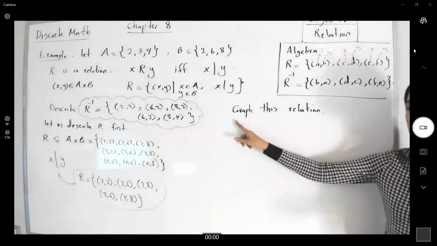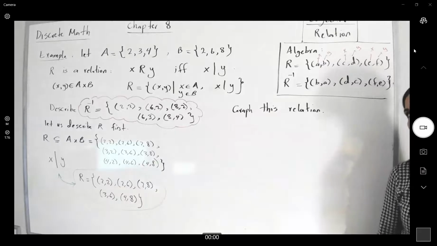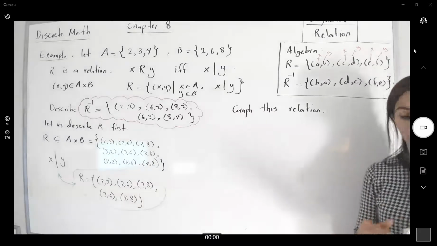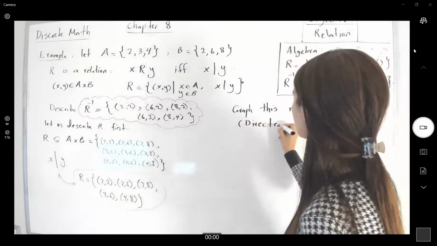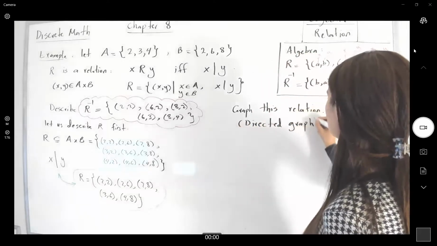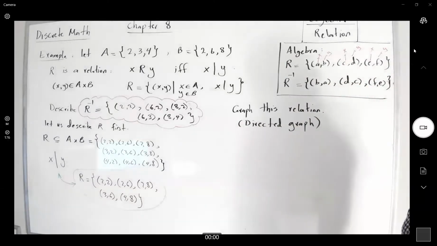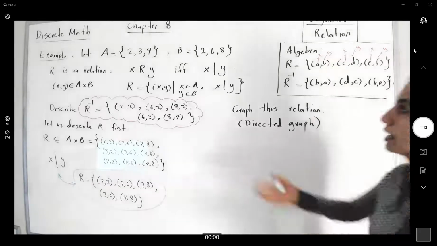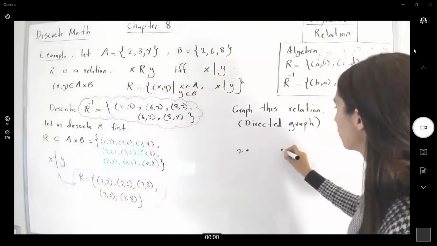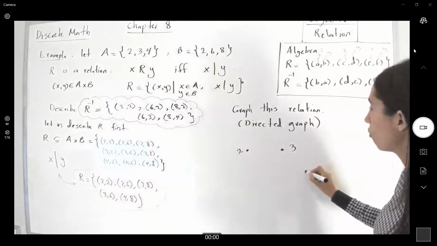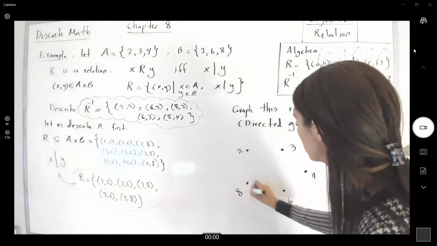The second part says, hey, graph this relation, visualize this relation. Actually, we call this a directed graph. So the official name for it is directed graph. Well, how does it work? Okay. We're going to list all elements in A and B. 2, 3, 4, 6, 8.